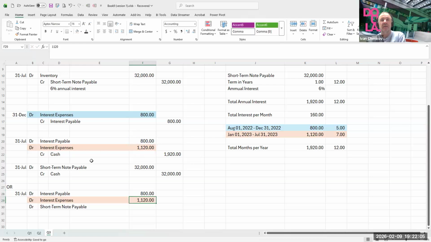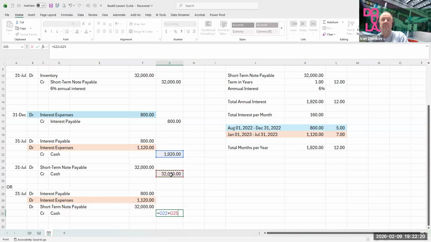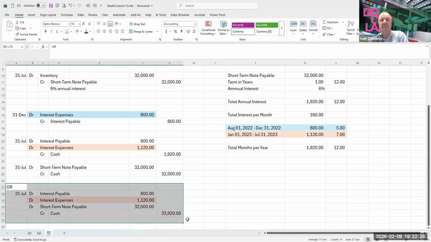From then I'm gonna get interest expense. From the second entry, I'm gonna get the note payable, and I'm gonna close everything in cash. And my cash will be this one plus that one. That's how you're doing this combined entry, if you want to go that direction. And that's called combined entry.